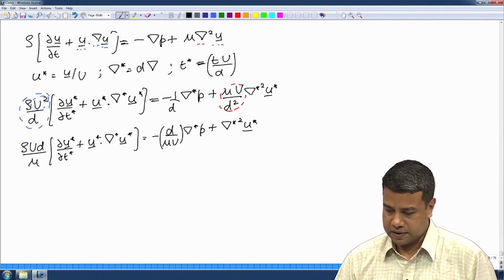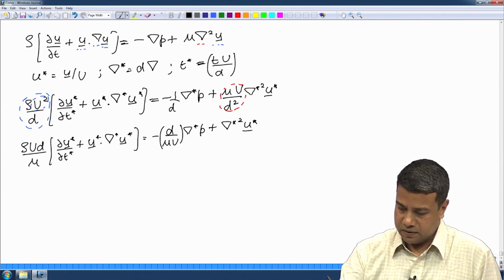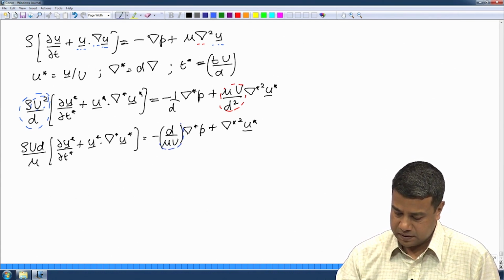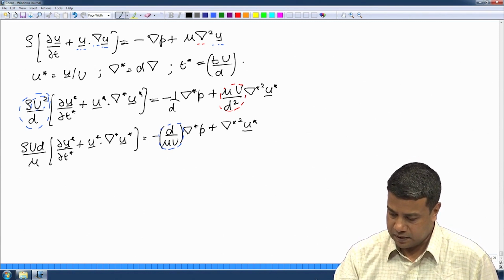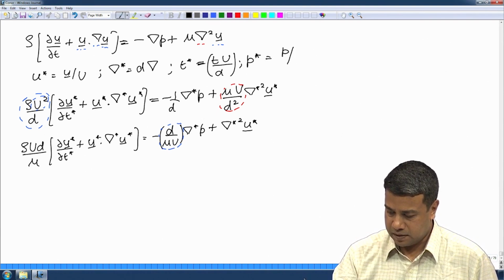And of course, I can use this to scale the pressure and define P star equal to P by mu u by d.